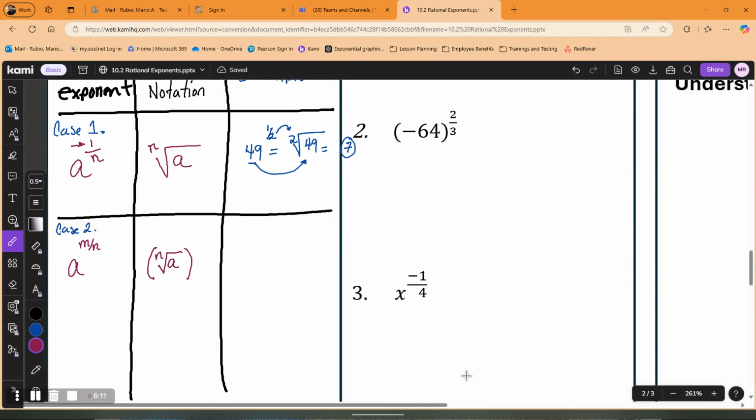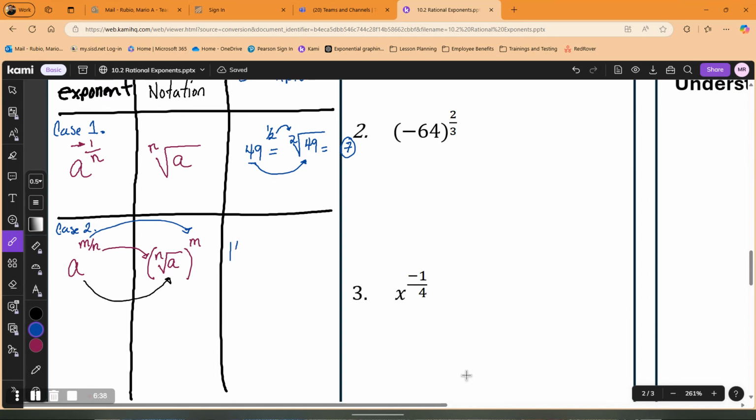A goes here, whatever the number is, and whatever number is in the numerator goes out here outside the parentheses. Okay, so this one's a little bit more complicated, but everything has its place. The A goes inside the radical. The N goes here, and then the M goes out here.